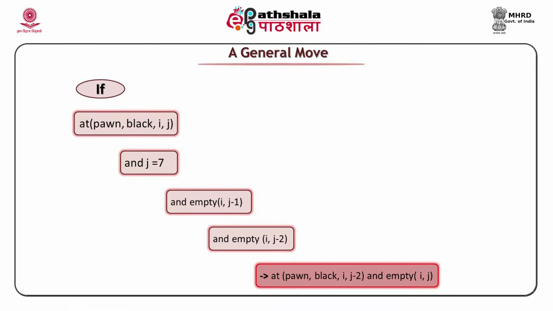And empty i j minus 1, in fact, that is the next block. It says that the next block is empty. Not only that, the next one is also empty, empty i j minus 2, so you can move that piece forward. Then you can say at pawn black i j minus 2, you just move the pawn 2 steps further, and where earlier the pawn was, that place is blank.